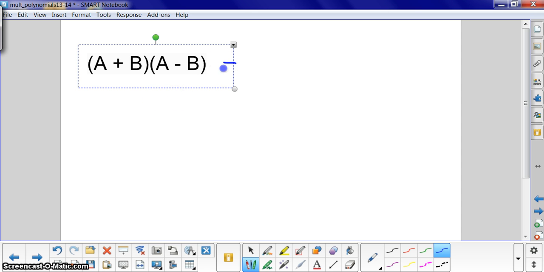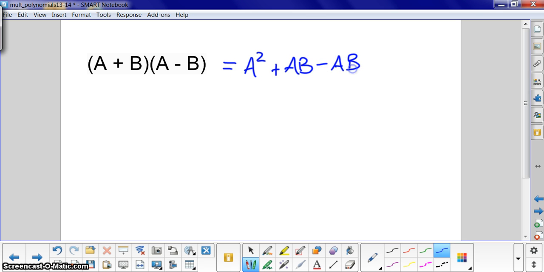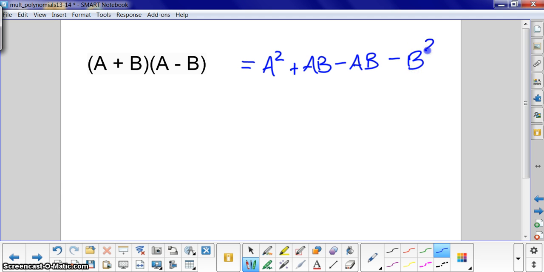And if we multiply it out, we end up with a squared plus ab, oh, I did it backwards, but stay with me, minus ab, and then minus b squared. And if I combine my like terms, the plus ab and the minus ab cancel out. What I end up with is the first term squared minus the second term squared.